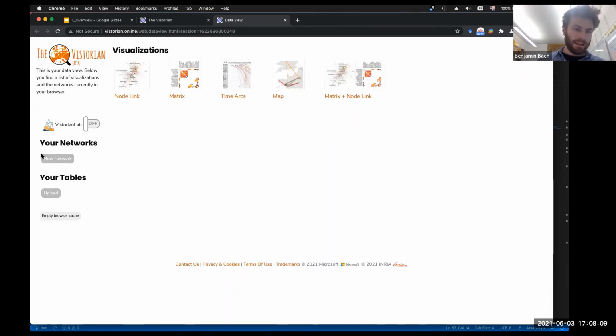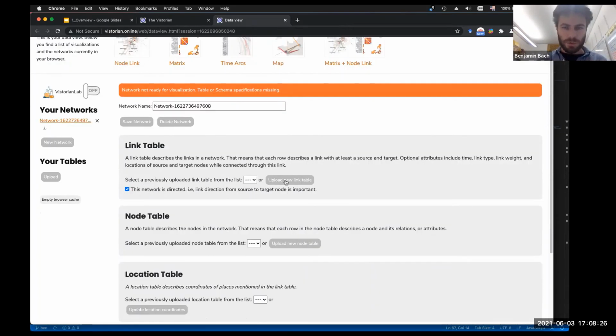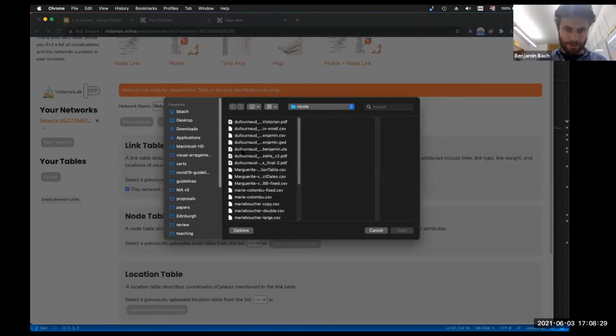And you have a list of networks here and a list of tables that you can keep. And now I want to create a new network to visualize. So I click this new network button. All of what I'm showing you now, we will go through these things step by step with Michael. I just show you briefly how simple that actually is.